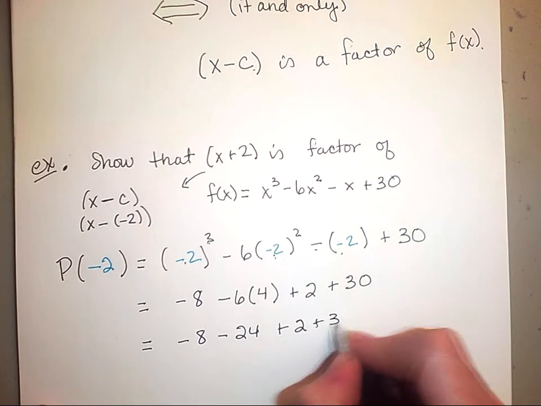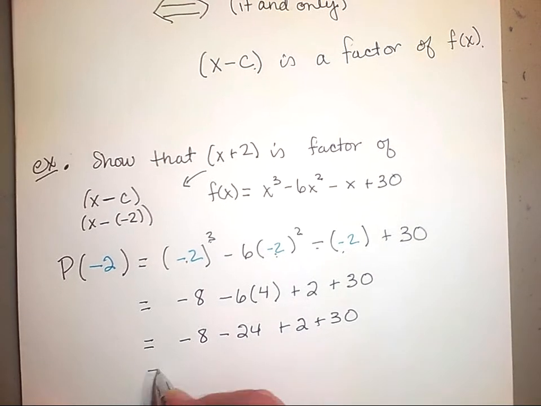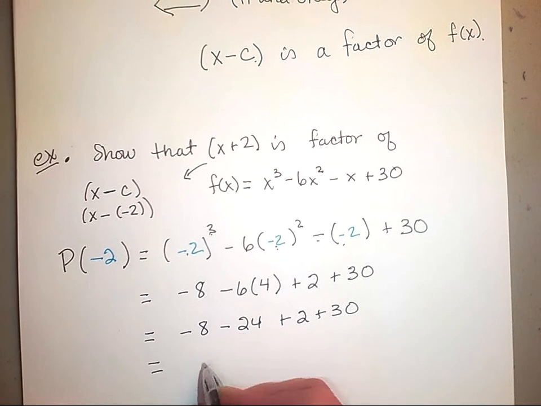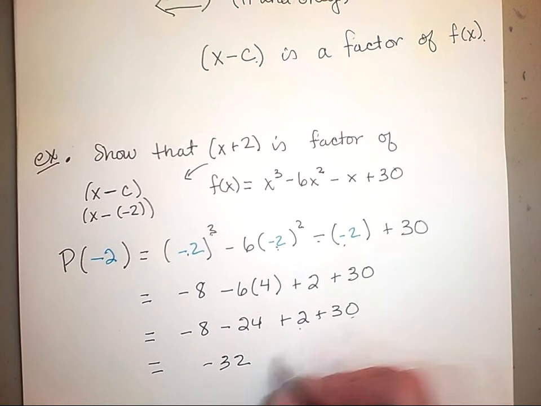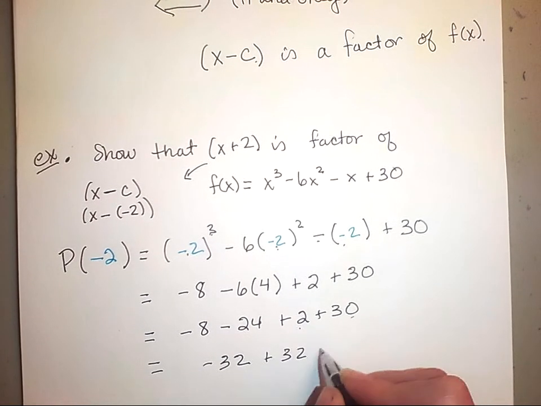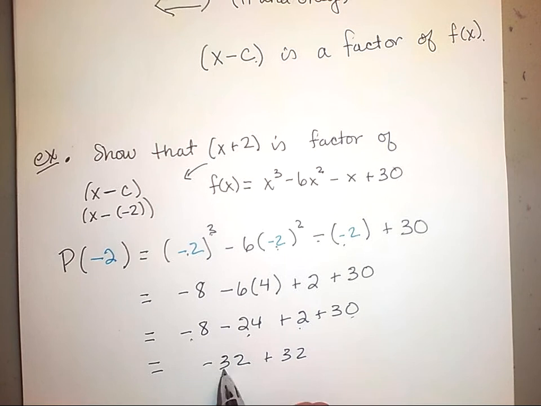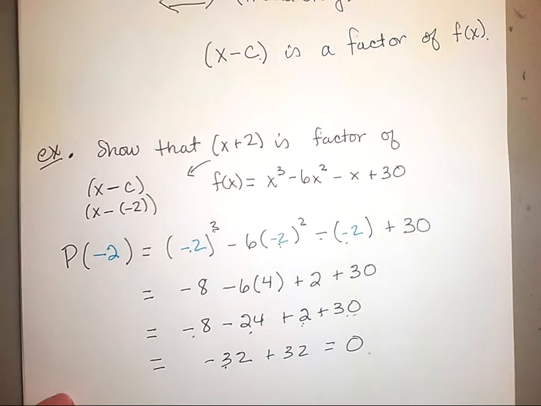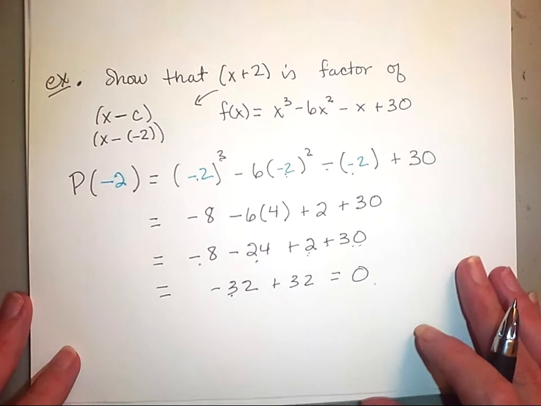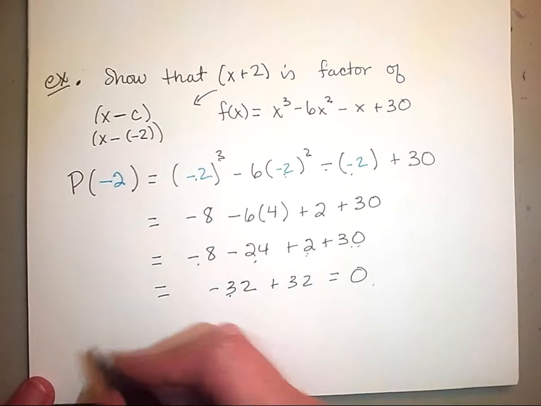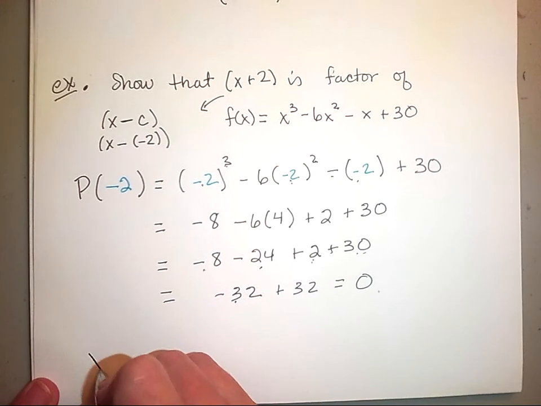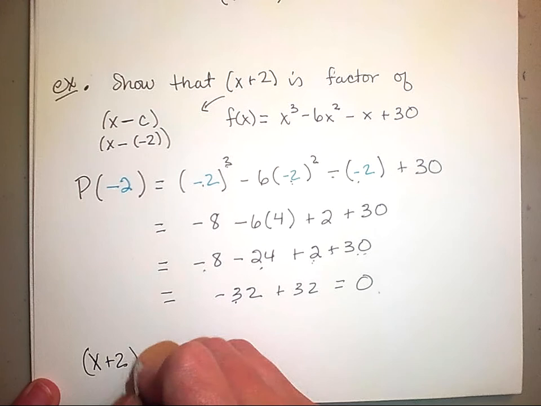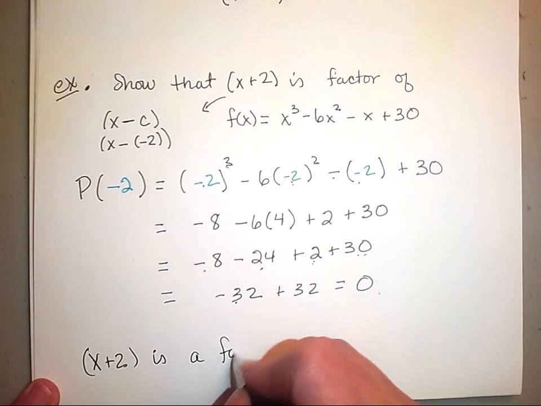Well, this is negative 32. And this is positive 32. Okay. 8 minus 24 is negative 32. 2 plus 30 is positive 32. And this equals 0. So what we have shown then, so we can say then that x plus 2 is a factor of f of x. Okay.